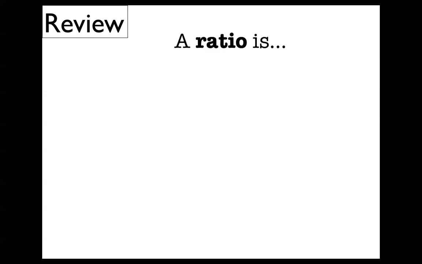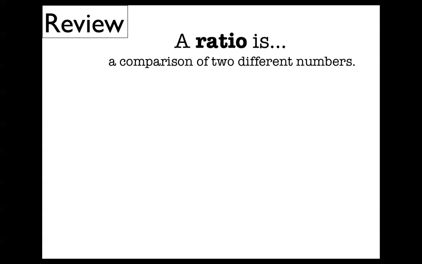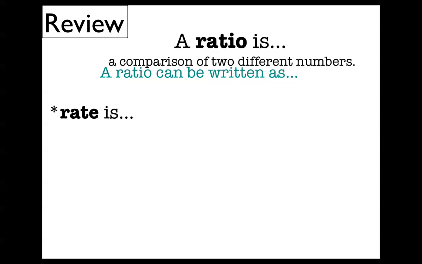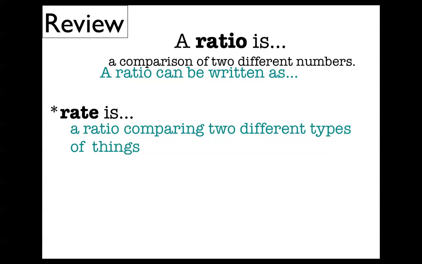So just to review, a ratio is a comparison of two different numbers, and it can be written as a fraction, or with a colon, or with the word to. A rate is a ratio that compares two different types of things, like dollars per ounce, or miles per hour, or peanut butter cups per dollar.